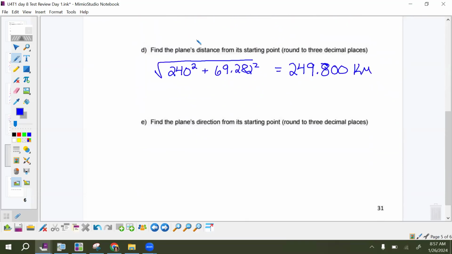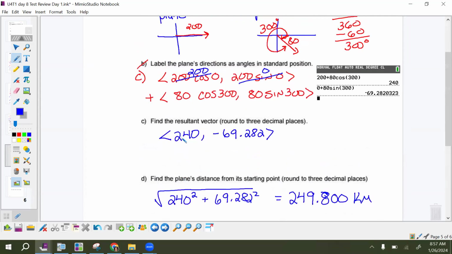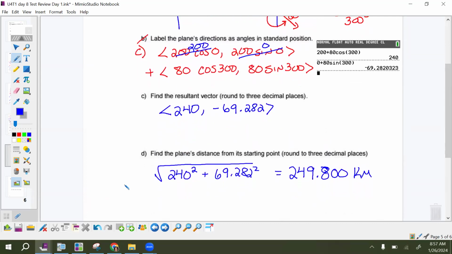Kilometers. All right. What quadrant are we in? 240. So quadrant 4.